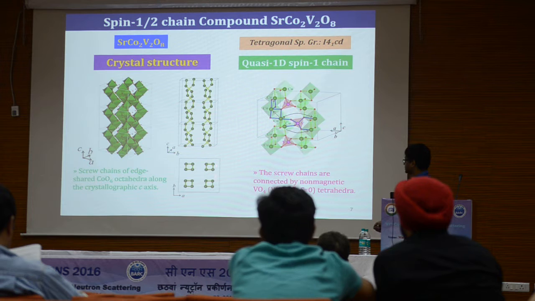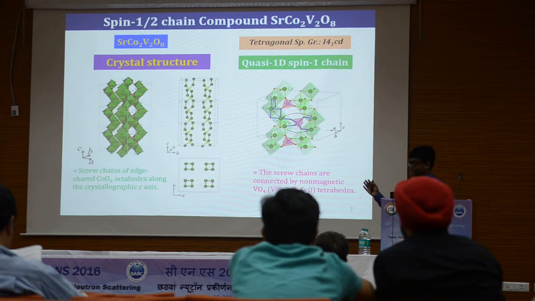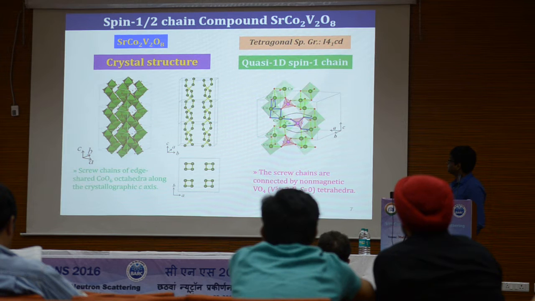There are 4 chains per unit cell. The chains are coupled by non-magnetic VO4 tetrahedra, which gives a weak interchain exchange interaction, and that weak interaction plays the role of an interaction potential here to make the quasi-particles confined.